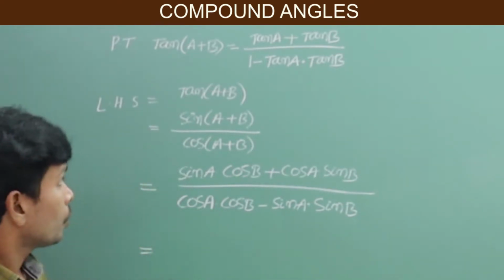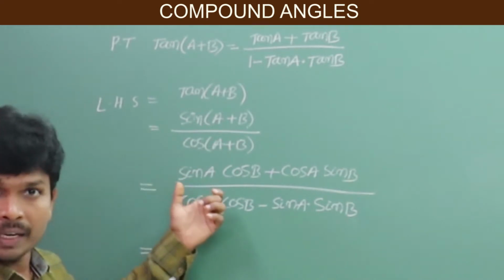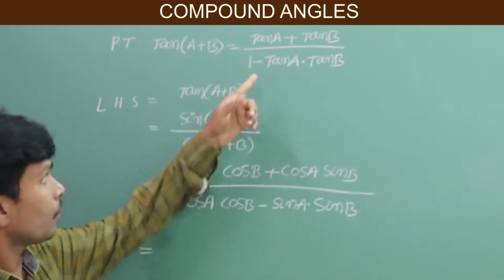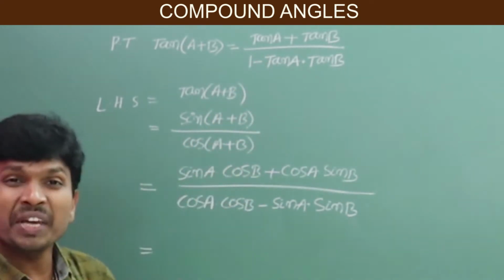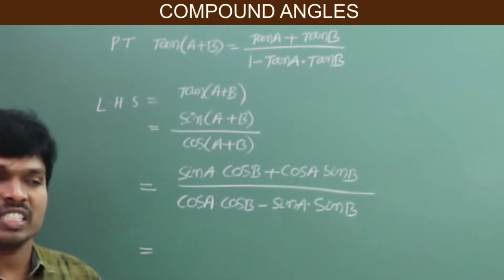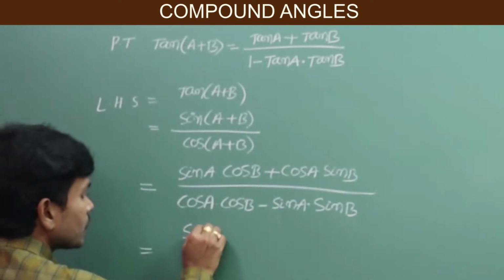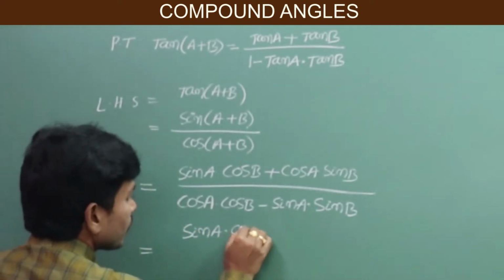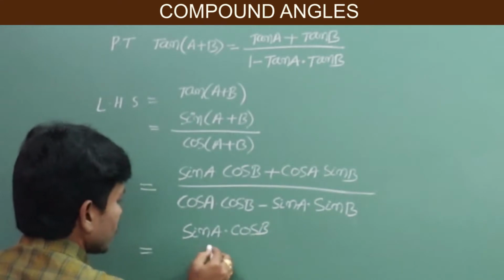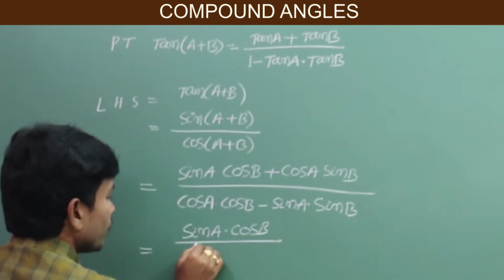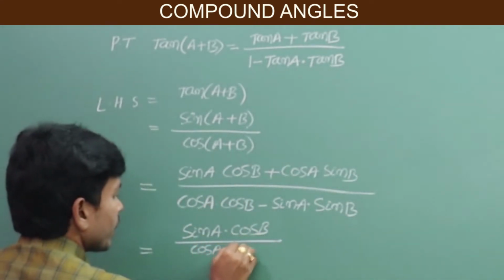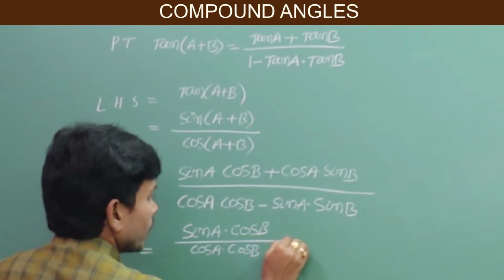Because when we divide by cos a cos b, then only these values are changed in terms of tan. So numerator and denominator are divided by cos a cos b, and each term in the numerator is divided by cos b cos a.